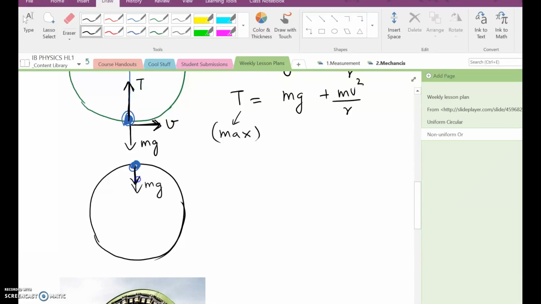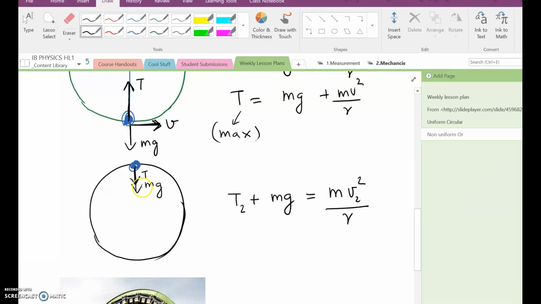So I'm going to represent it by another arrow like this. So at the top position, the tension plus mg, remember that the tension here is a different value, so I'm going to call this T2. T2 plus mg equals mv2 squared divided by r. Because the velocity here is different, remember it changes in speed as well.